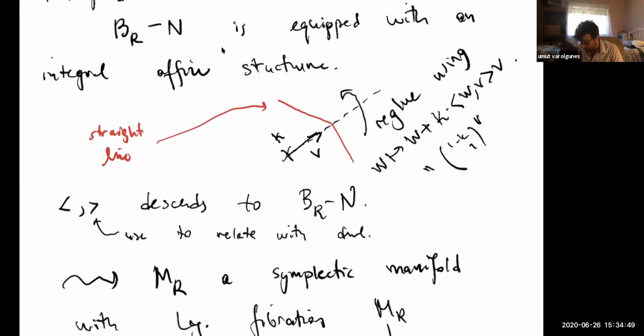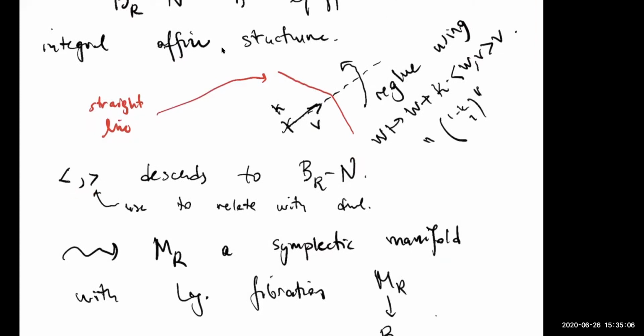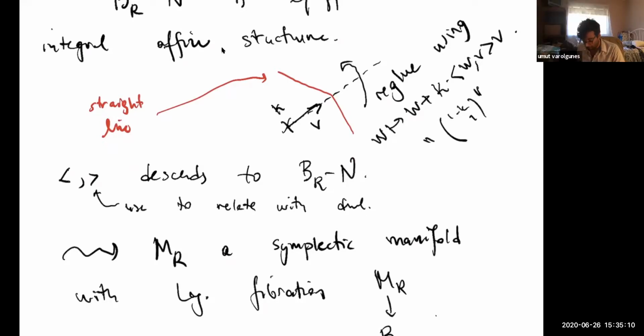It's the same gluing, but you see that the data required to define this map is only this orientation data. It's only the symplectic form. Then this symplectic form also descends to the complement of the nodes in this glued space. And you can use this symplectic form to relate vectors with covectors.